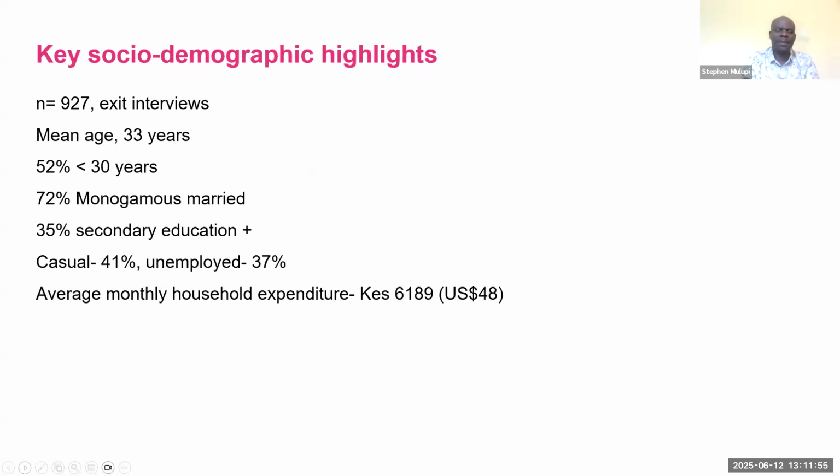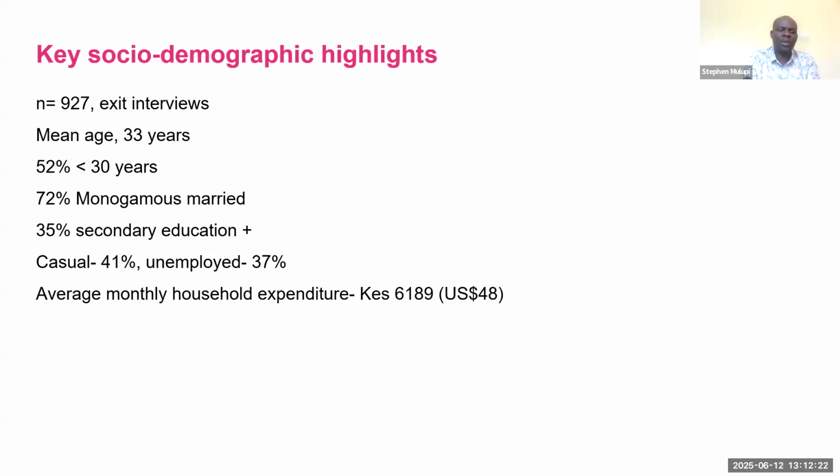So over the next 3 minutes or so, I'm going to present the key highlights. First of all, out of the 927 exit interviews, the mean age of these women was 33 years. Majority were in monogamous marriage relations. Majority were less than 30 years old, and slightly above 35% had secondary education and above.